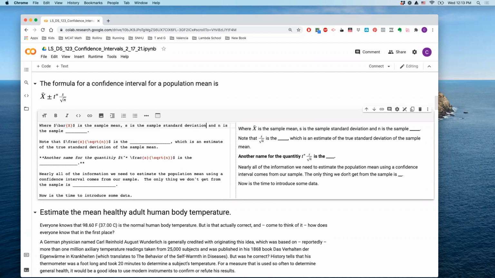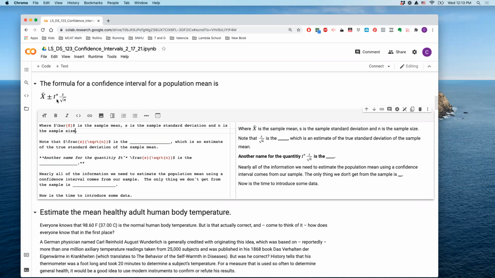And then the last thing that we're going to need from the sample, so this is actually 3 out of the 4 pieces that we need to calculate this thing, is the sample size. And again, 1, 2, 3 out of these 4 quantities are things we're going to calculate directly from the sample.